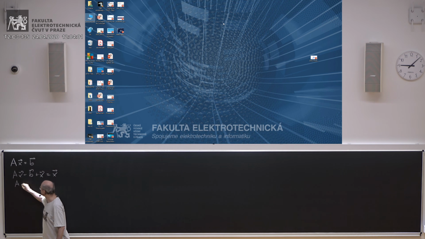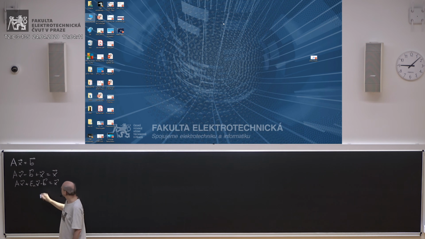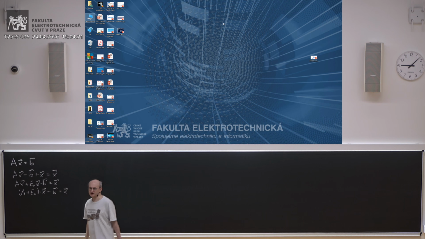So I will introduce a little trick. This x is actually the same as the identity matrix times x. And now I can write it very nicely. A plus E_n is a matrix, and this multiplies x, and I get a very nice iterative formula.